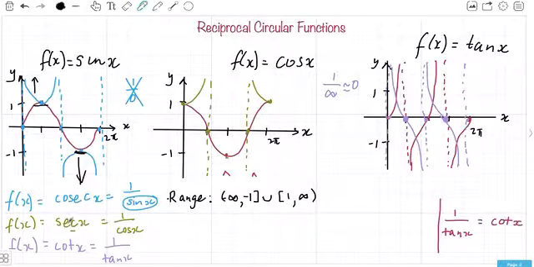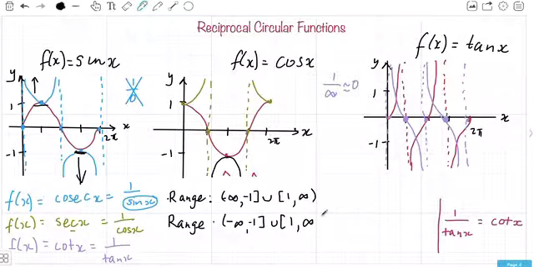For sec, excuse me, 1 on cos, our range, you can see here you've got a similar kind of thing, and I actually got rid of that part. So again, it's actually going to be the same. Goes from negative infinity to -1, union 1, up to infinity. So you're not including this region here, effectively. Okay, and I'll actually get rid of this red so you can see.